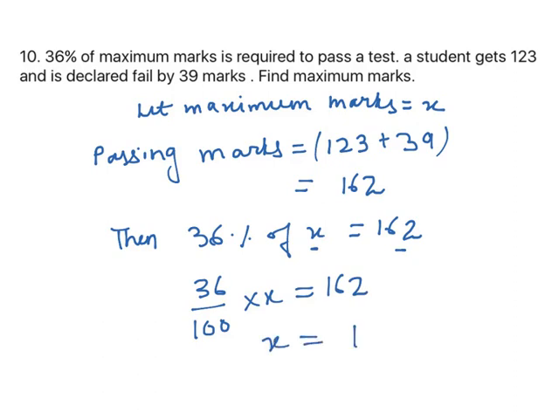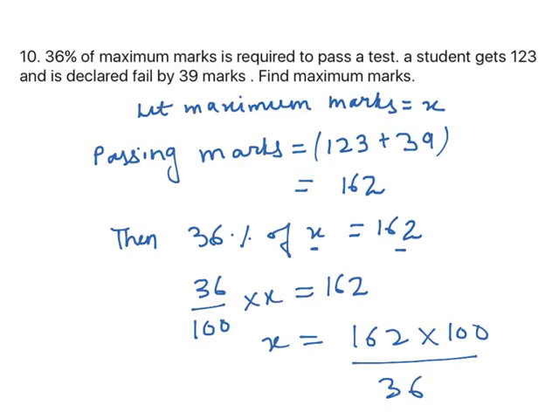So x will become 162 times 100 divided by 36. Now we solve for x. When we solve that equation, x comes as 450. So the maximum marks is 450. So the student must get 162 out of 450 to pass the exam.